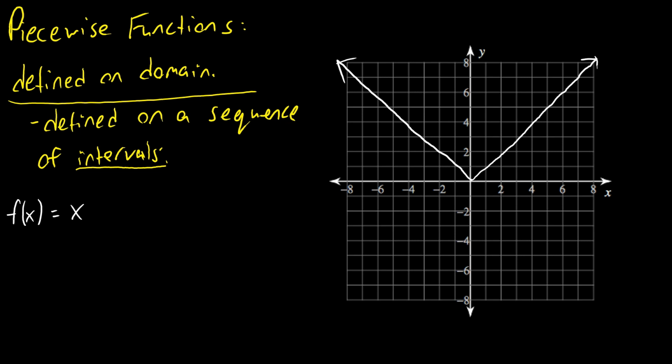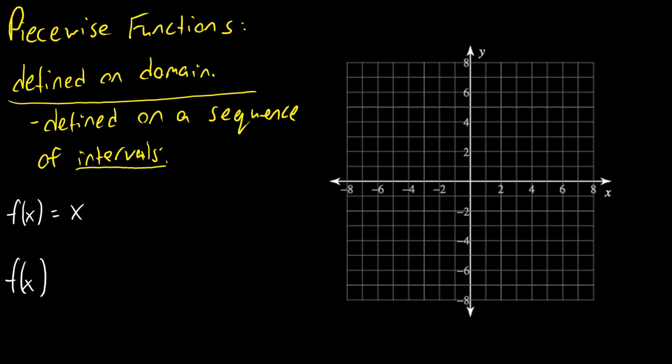Well, x is just going to be like that, right? Not going to have that anymore. So how can we write a piecewise function of absolute value of x without using that absolute value? Okay, this is where the piecewise functions come in.